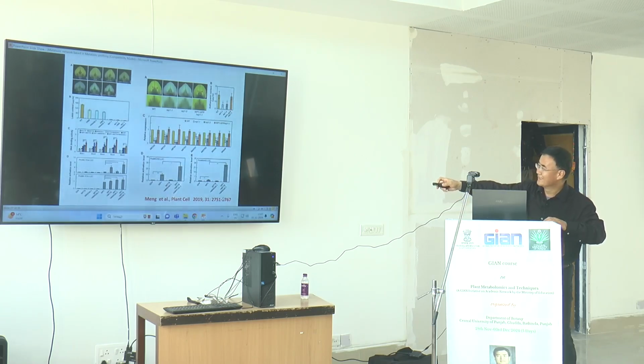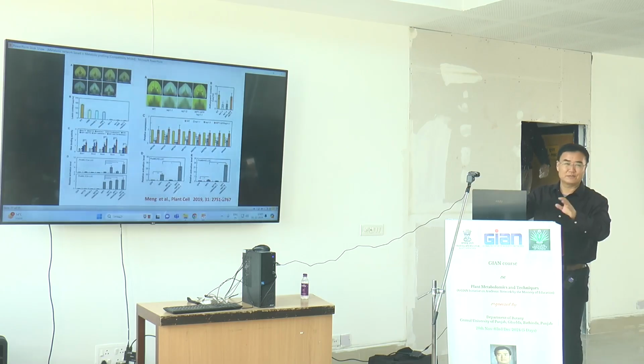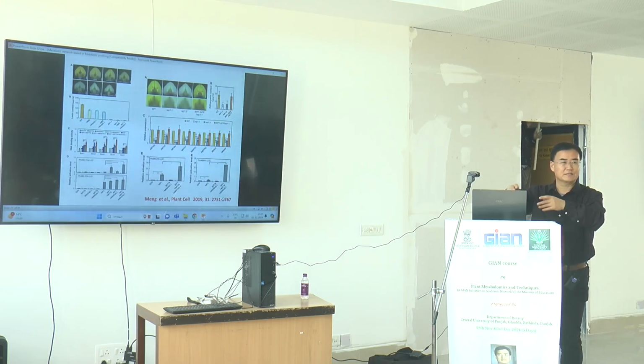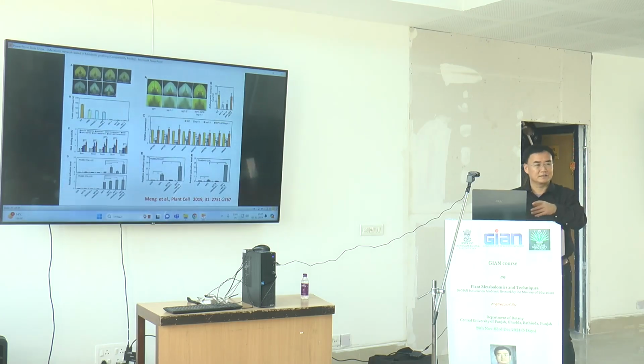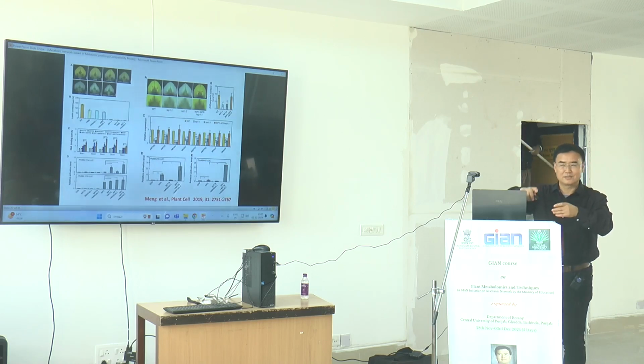Actually, this paper also showed a weighting effect. At the beginning we showed the mutant flower. The mutant plant's flower looks pale white or greenish white because it contains those carotenoids, but there's still some anthocyanin also. The flavonoid is also lowered.